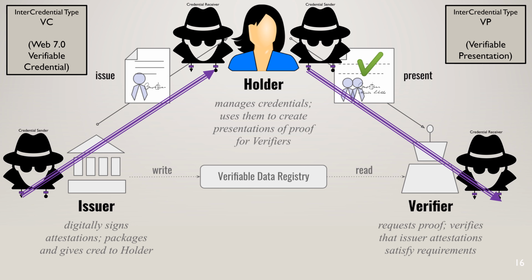And the verifier, again, is a specialization or a derivation of the standard credential receiver in the verifiable credential sender-receiver model. And we can see on the top right corner there that the InterCredential blood type is VP for verifiable presentation.